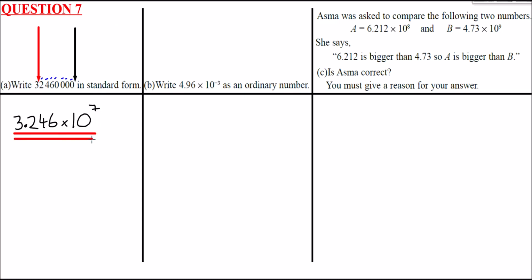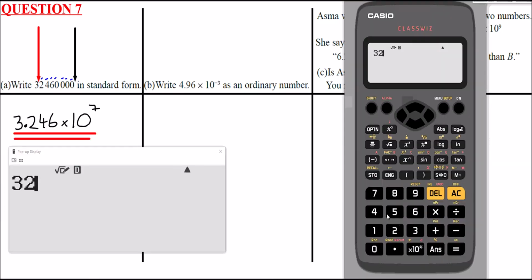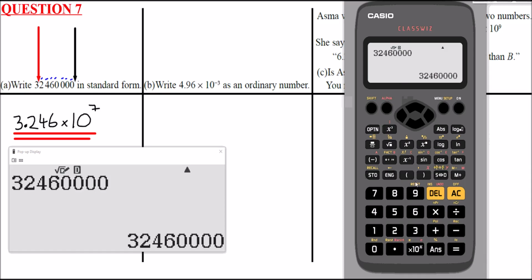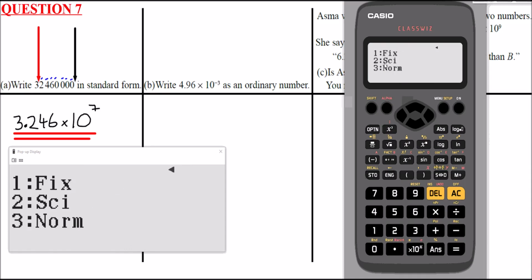If that's too much like hard work, how can you do this on a calculator? Well, I'll show you. Type in the number exactly as it looks. 32,460,000. Press equals. Now I go to Shift, menu, number format, number 3. Standard form is a scientific mode, so press 2 for SCI.